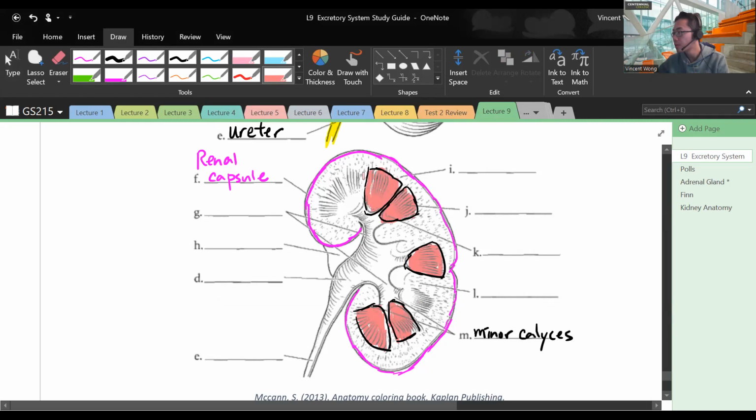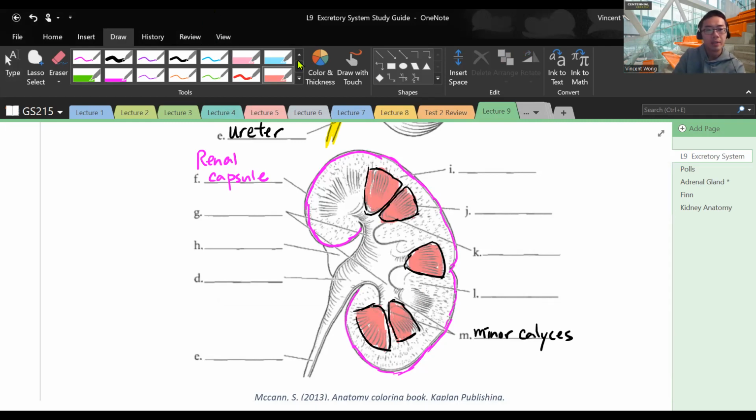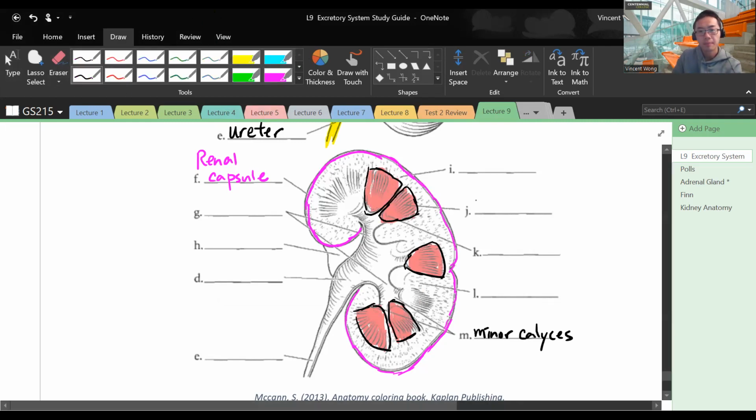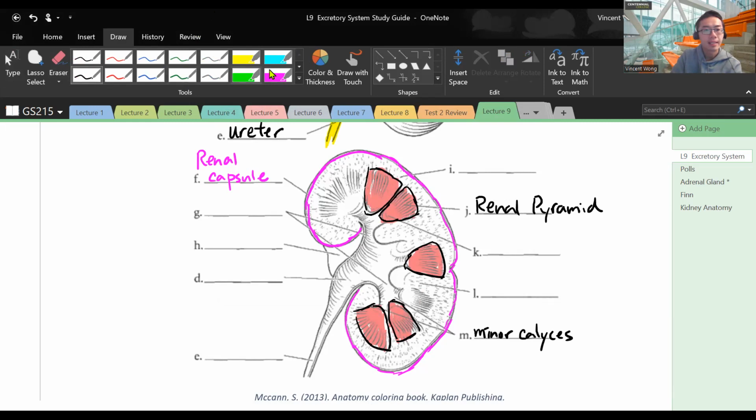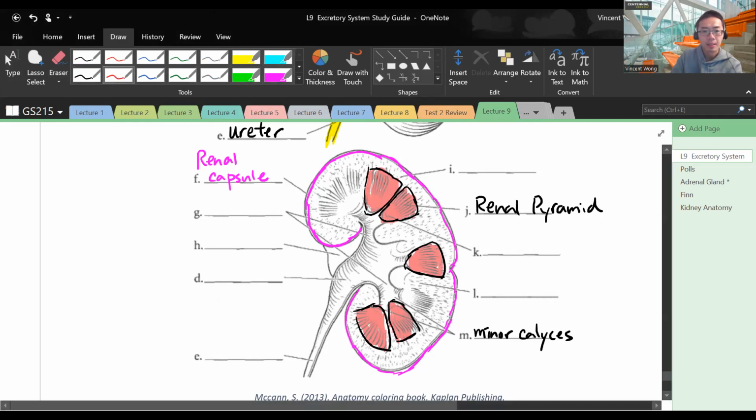Okay, so all those things are renal pyramid, the J. And the tip of it, I'm just going to color it red. Hopefully, what's coming out is not actually red though. That would be a serious cause for concern. And that's K, right? The renal papilla.